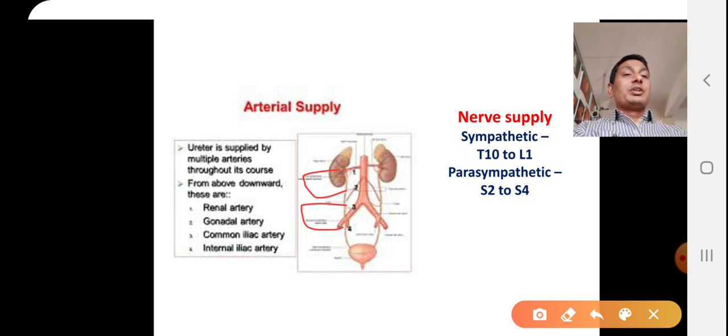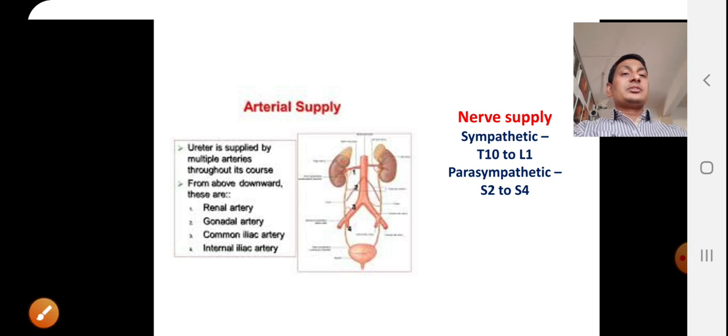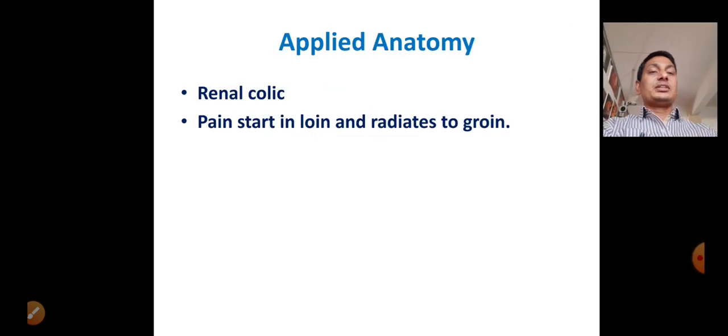The nerve supply of the ureter is sympathetic from the T10 to L1 segments and parasympathetic from the S2 to S4 sacral segments.